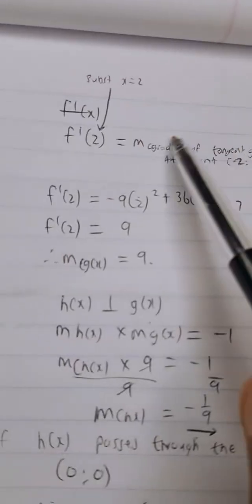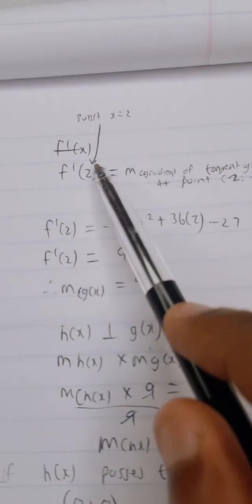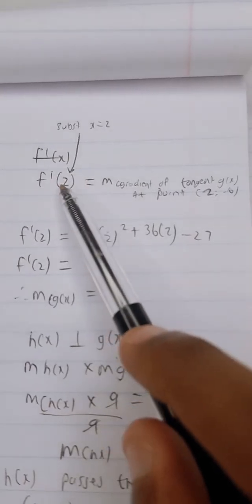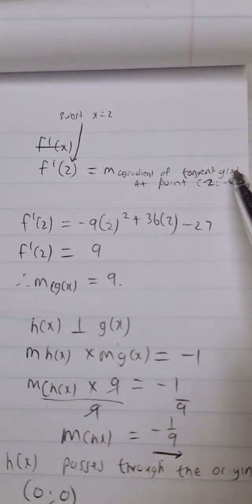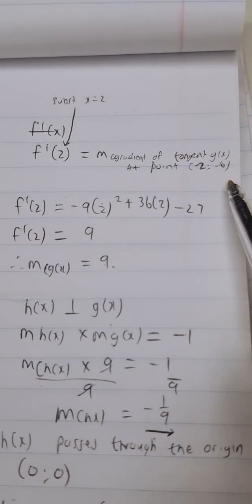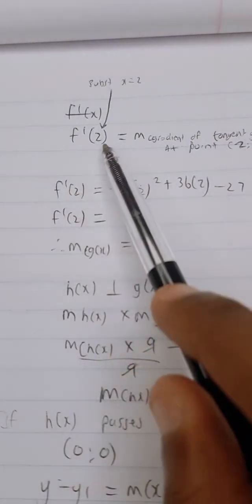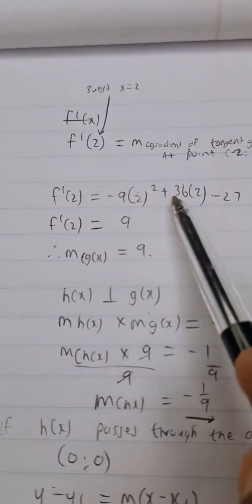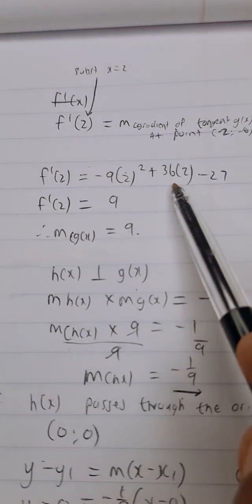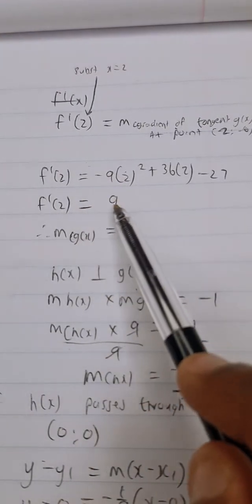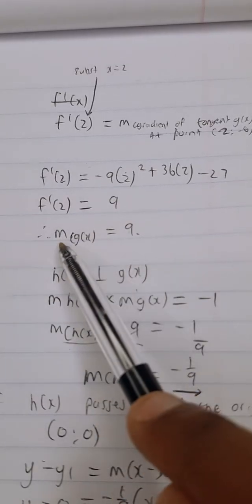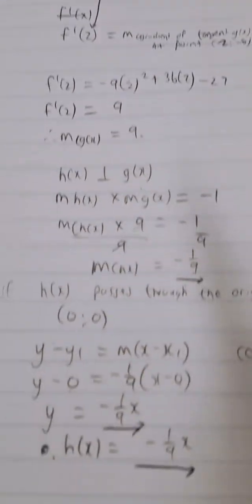We then went ahead and substituted x is equal to 2 into the first derivative of f of x so as to get the gradient of the tangent g of x at that point. When we substituted that x value of 2 into the first derivative of the cubic function, we got a gradient of 9. That is the gradient of g of x.